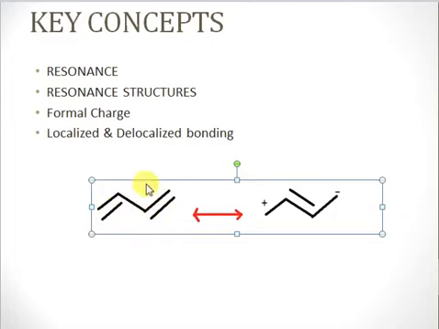The structure is explaining everything, but there is something missing. When we carry out experimental measurements of bond length, it appears that the double bond is not only between 1, 2 and 3, 4; it seems there's also a double bond between 2 and 3. Why?